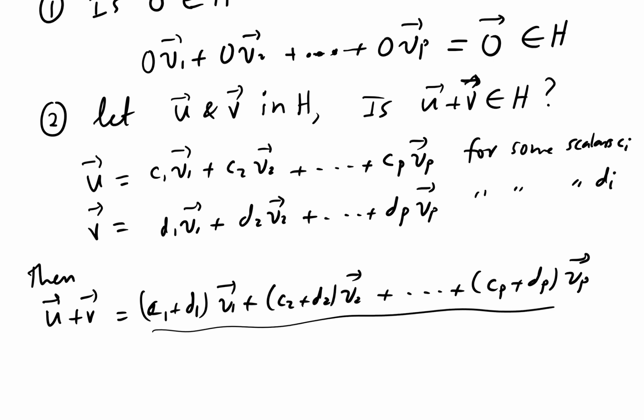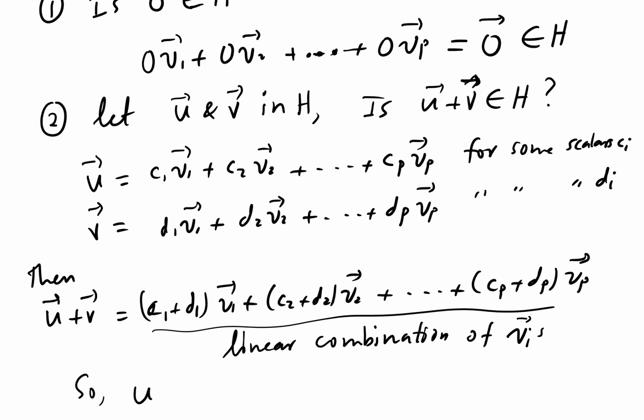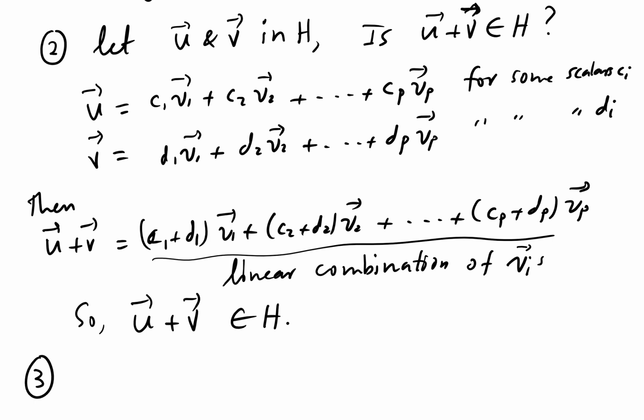So that shows it's a linear combination of the vi's. Yay. So u plus v is in H. So that proves the second property.